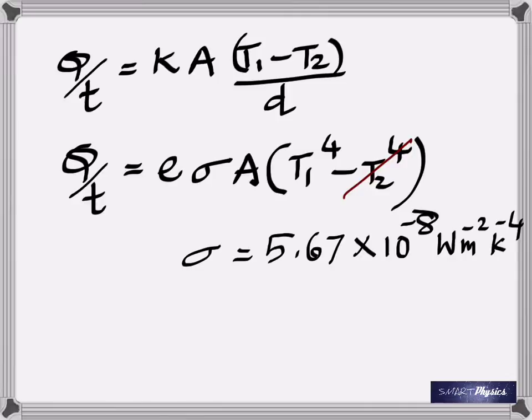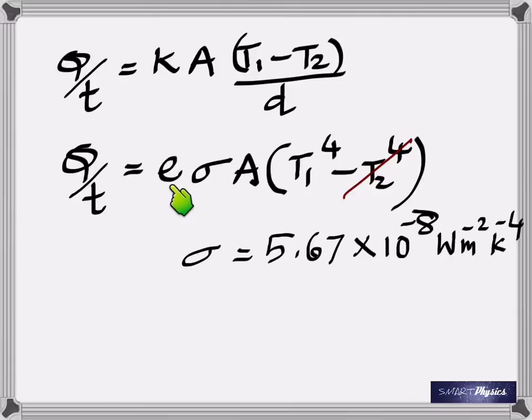So for example, if you're given, calculate the heat given out by an object at 100 degrees Celsius. Again, remember, you have to change it into Kelvin. And also, what is this? Okay, for a black object, it is 1.